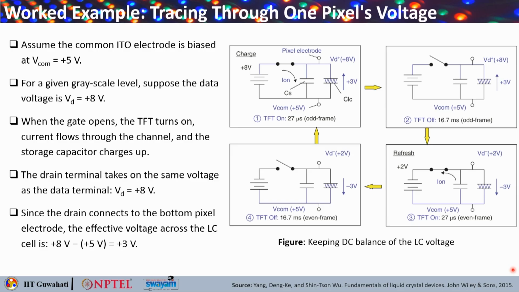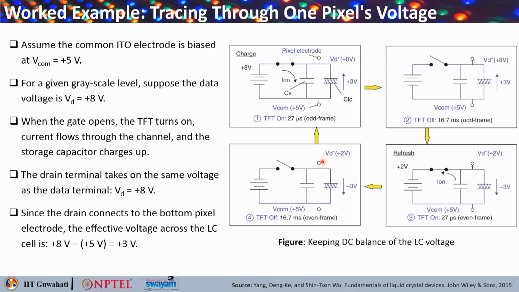Now if you are computing the effective liquid crystal voltage, the top common electrode sits at plus 5 volts and the bottom pixel electrode sits at plus 8 volts, so the net voltage applied across the liquid crystal layer is the difference of these two, so you have plus 3 volts. This is the voltage that is exactly driving the liquid crystal director reorientation for this grayscale level.